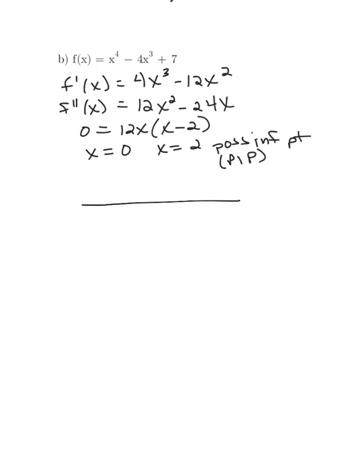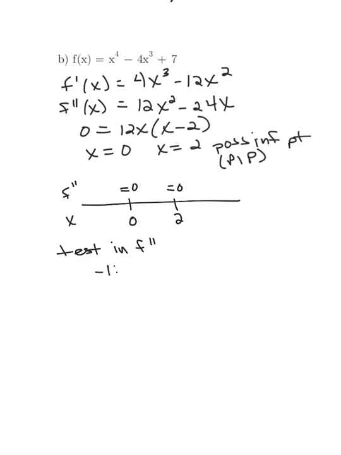Take those two values and put them on the number line. Remember, this is where our second derivative equaled 0. And then we are going to test in the second derivative. Let's test negative 1.